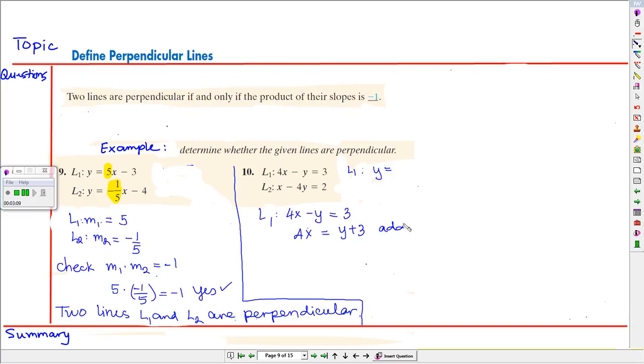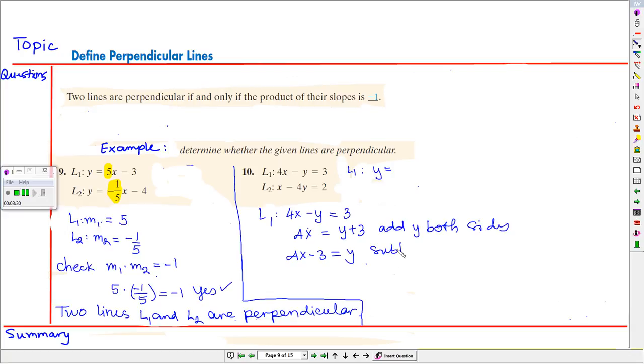I make a note right here that we are going to add y to both sides. Next, I'm going to subtract 3 from both sides because we want to solve for y. So we have 4x minus 3 equals y.